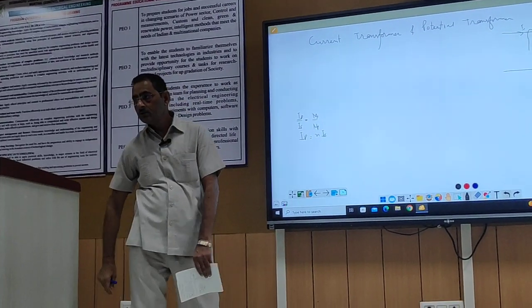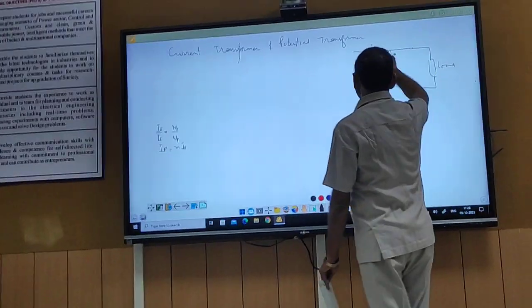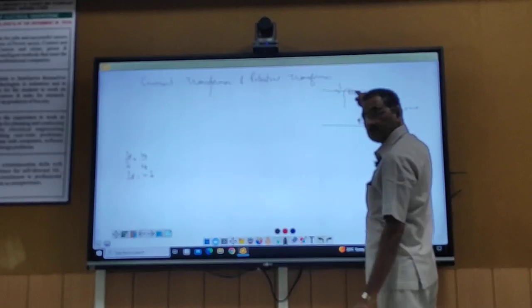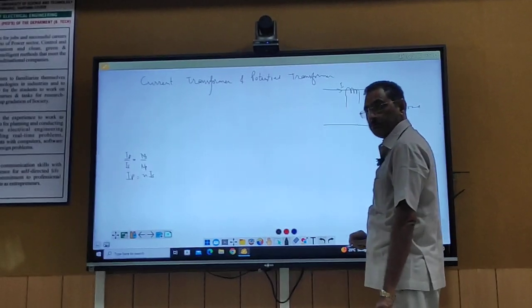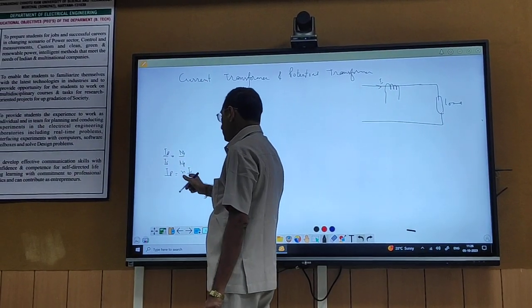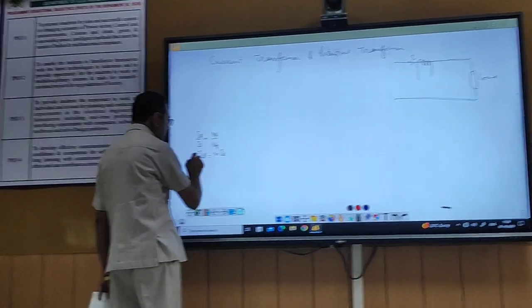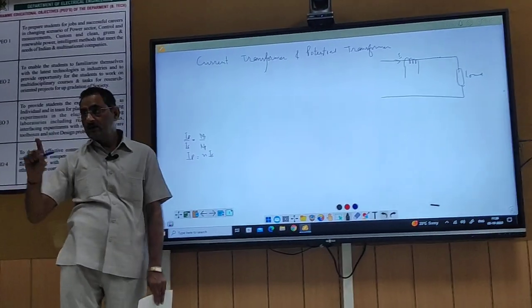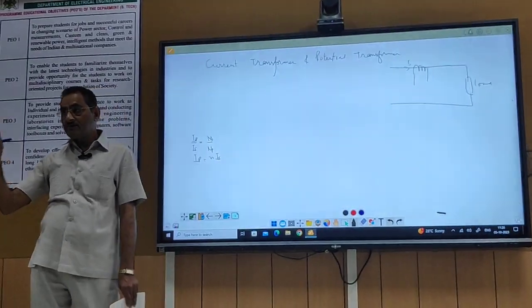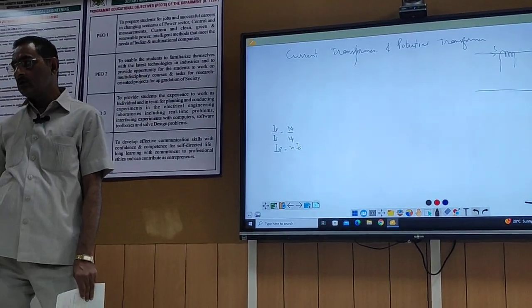How much should it be? 200. It means this is one turn, so 200 turns are there. If there are 200 turns, then on the primary side there is 1000 ampere, and on the secondary side it will come as 5 ampere. So if 5 ampere current is there, you can say the primary side has 1000.